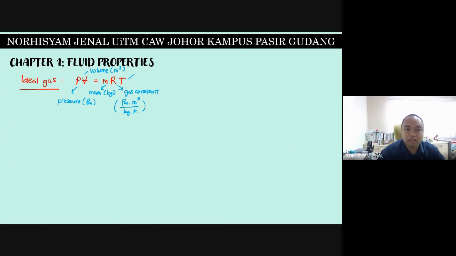And then T is temperature, and it should be in Celsius? Celsius, correct? No, it should be in Kelvin. No worry. If I ask you a question, just answer. If it's wrong, I will just give the right answer to you guys.